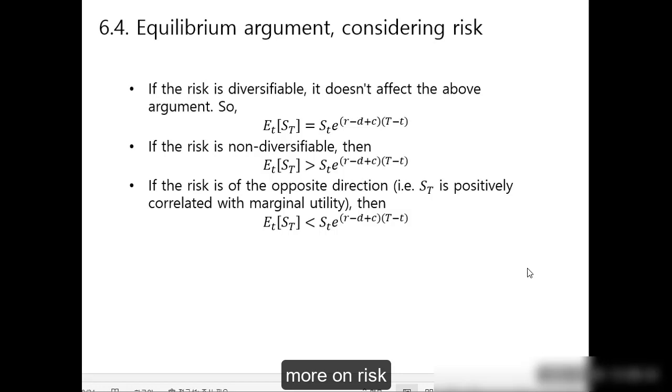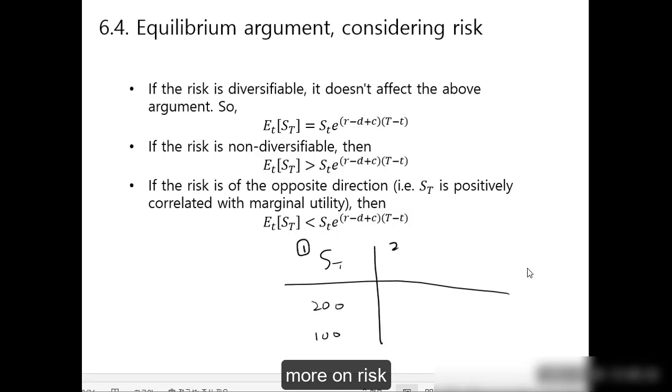S_T, let's say S_T can have two different prices. S_T may be high, say 200, or low, say 100. So the average is about 150 if the probability is 50-50. Now, is this good or bad compared to, so that's asset number one.